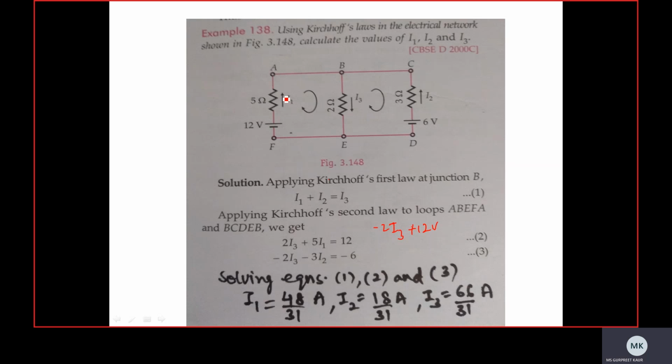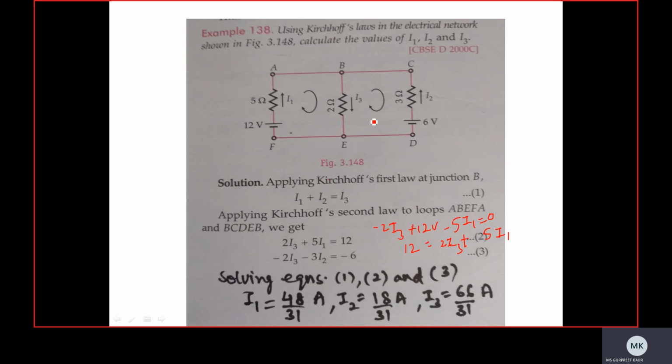Your direction of motion and current are the same. So fall of potential कितना, minus 5I1. Minus 5I1 it is equal to 0. Take 12 on this side only, the rest can be taken on the other side. 2I3 plus 5I1. Same equation you have obtained.